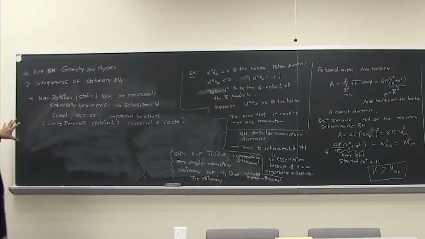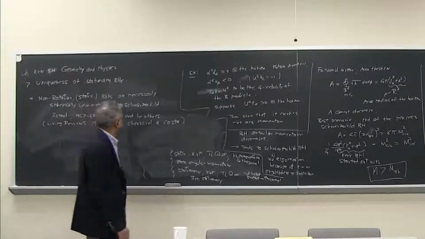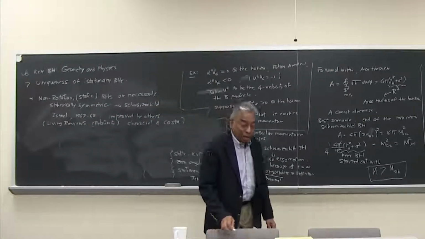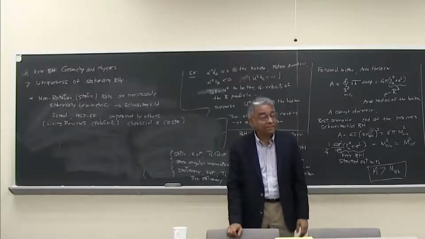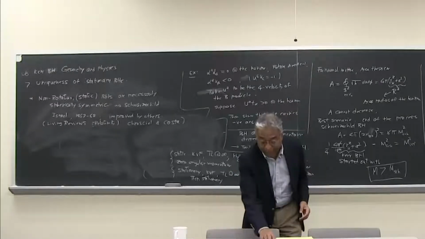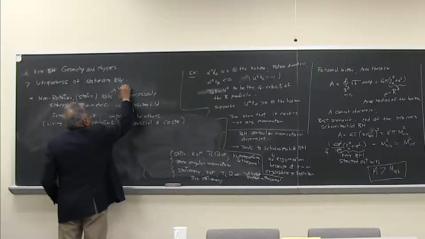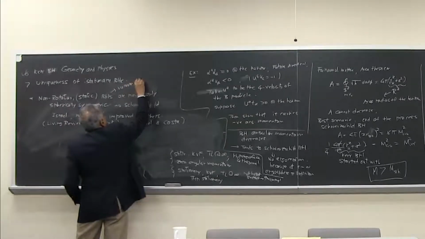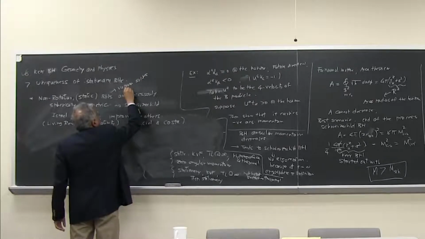So the structure is that non-rotating or static black holes are necessarily spherically symmetric, and therefore, in fact, it's Schwarzschild. So I can have oblate and prolate stars, but I cannot have an oblate or prolate black hole. By black hole I mean vacuum solutions, completely vacuum, with an event horizon.